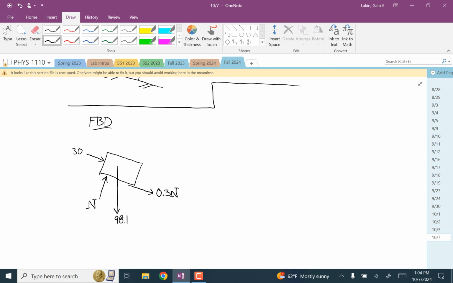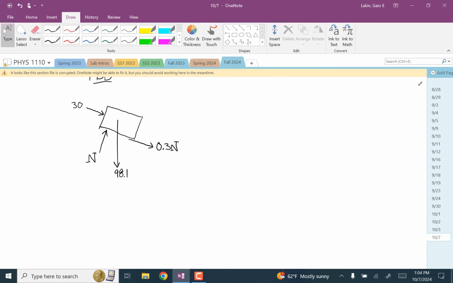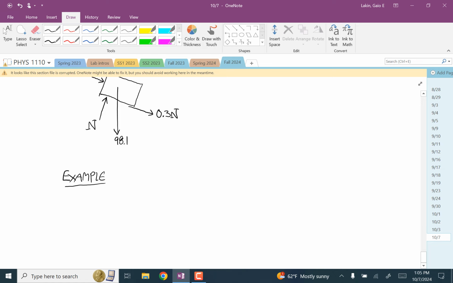Well, let me give you a problem, and you can try to think through doing free body diagrams. So let's say we have a ledge with a pulley.